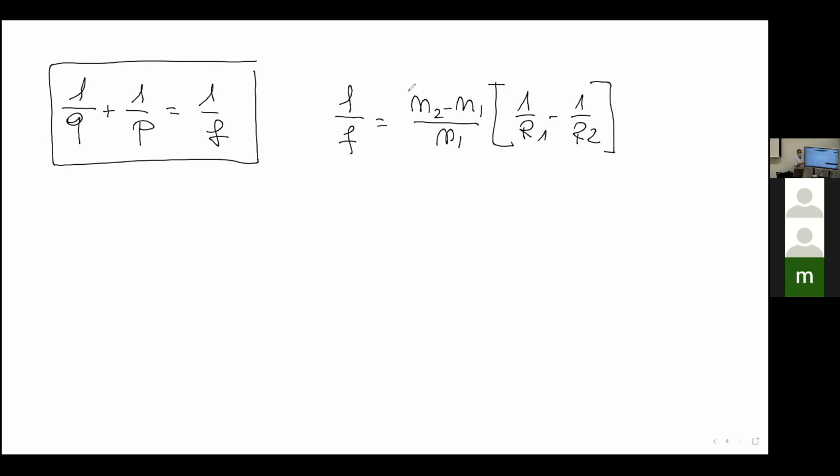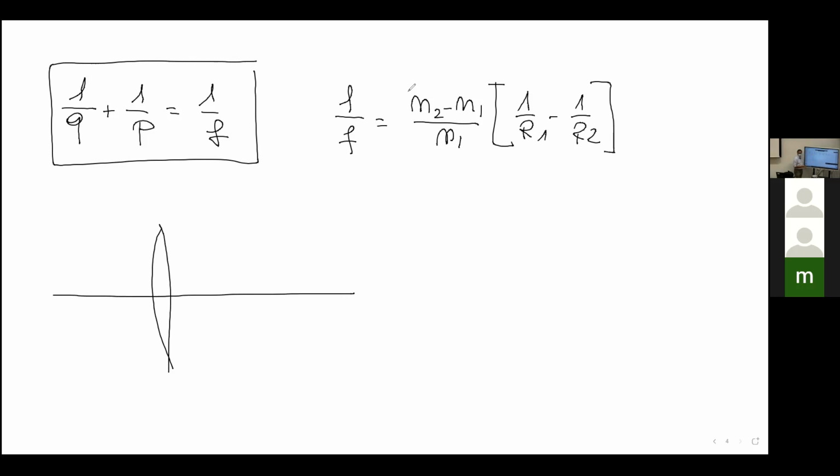And now it's really very clear why the lens makers are using the diopter as a unit in optics. They are using the diopters because this is the inverse of a length, and it's very simple to work out calculations in this way.